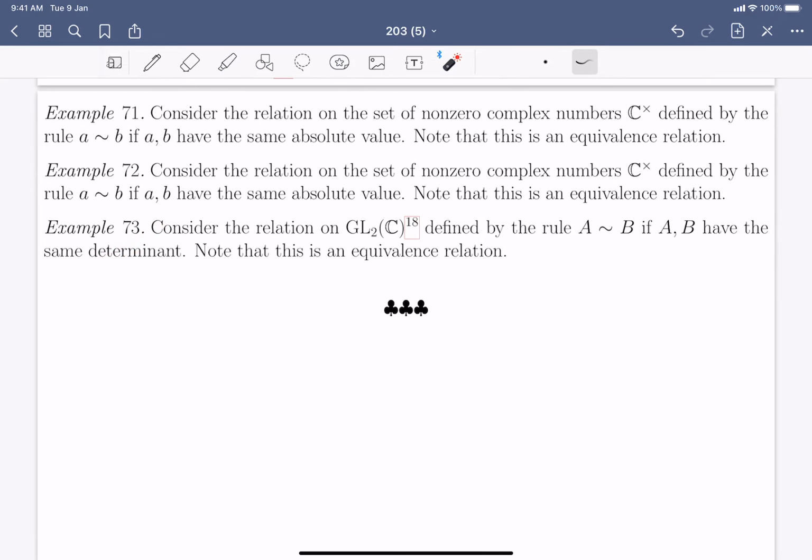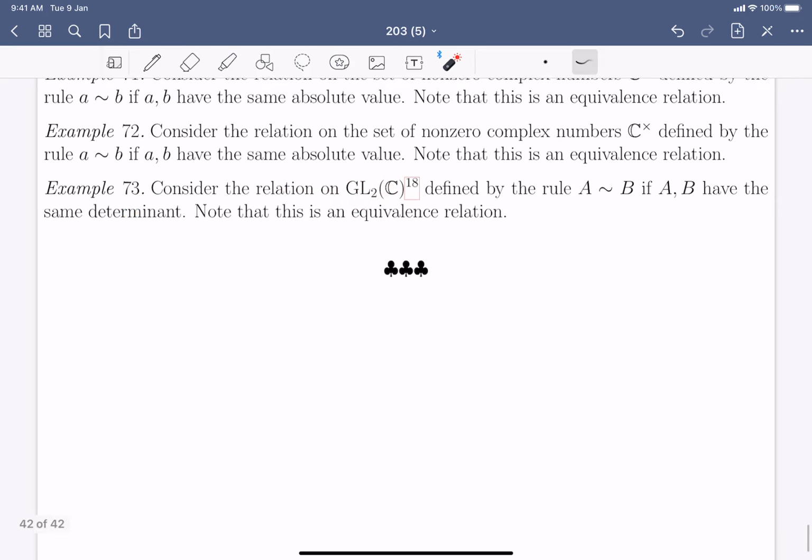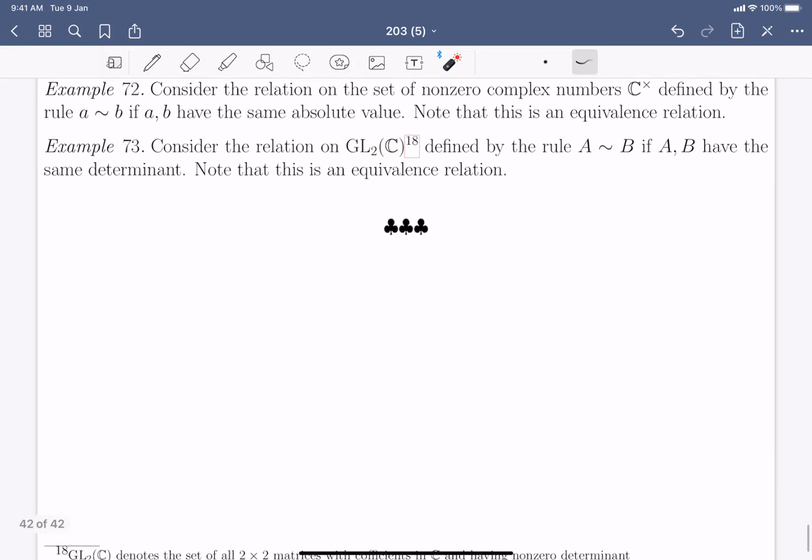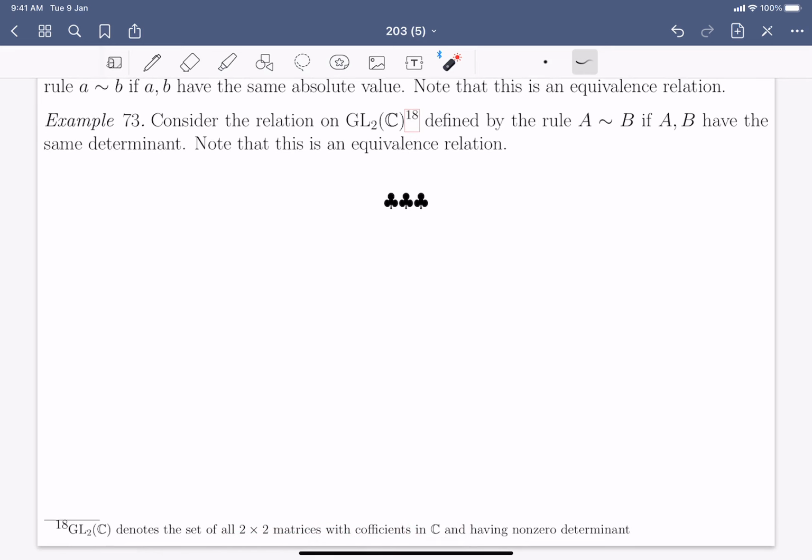Example 73. Consider this relation on GL2 C. Just to remind you, GL2 C denotes the set of all 2 by 2 matrices with coefficients in C, that is, the entries of the matrices are from the complex numbers, and they should have non-zero determinant.